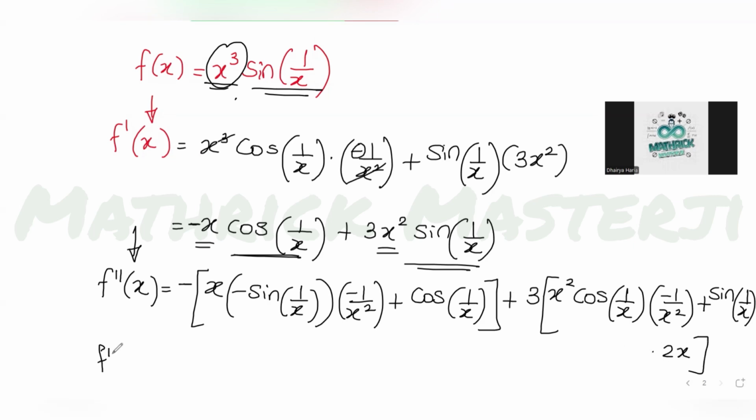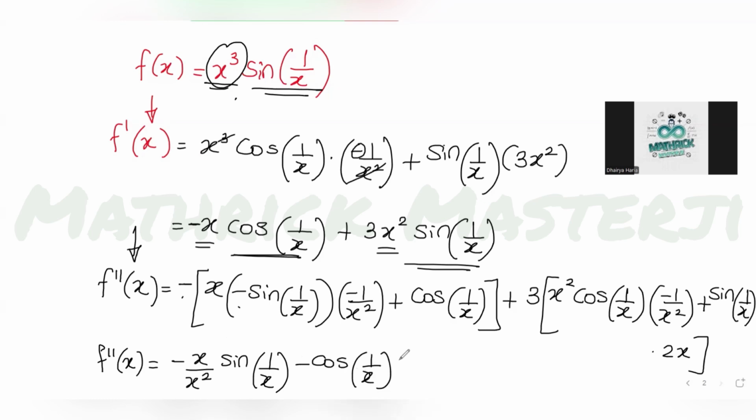Now, for the double derivative of the function f of x, I get minus and minus and minus. So basically it becomes minus x over x squared sine of 1 over x minus cos of 1 over x plus 3, minus, so x square and x square cancel, so plus 3 times minus cos of 1 over x, and this next one would become plus 3 into 2x, so 6x sine of 1 over x.